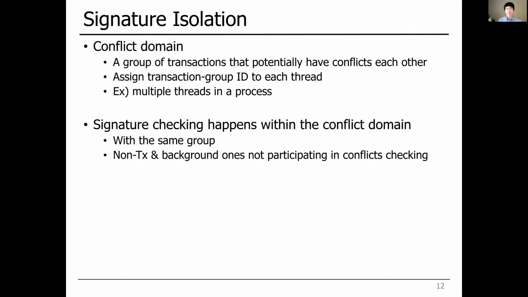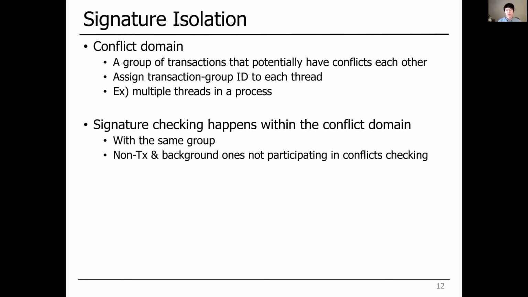To this end, UHTM presents a signature isolation technique. We first define the conflict domain, which is the group of transactions that potentially have conflicts with each other. Therefore, conflict checking happens only within a group.